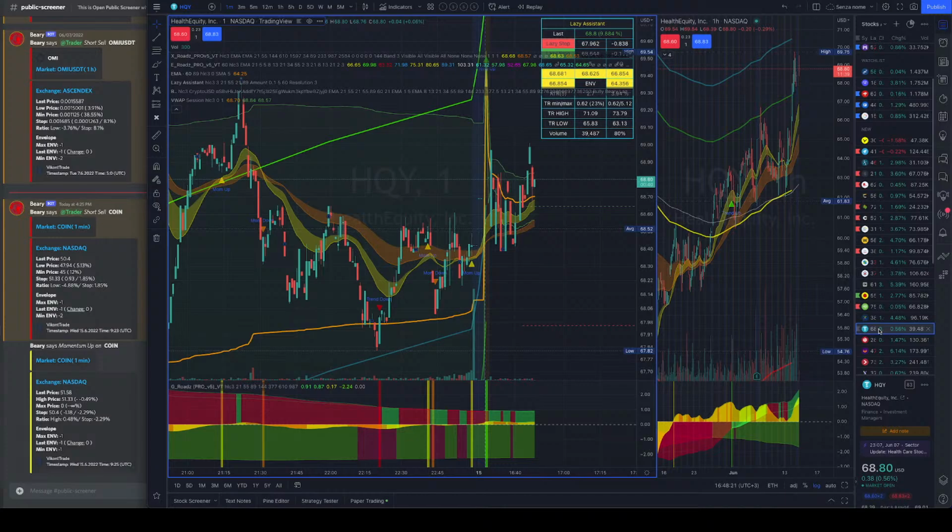So you can see we broke down, we tested, and then after we gone up also above the VWAP out of no man's land, we have the signal for the momentum up.